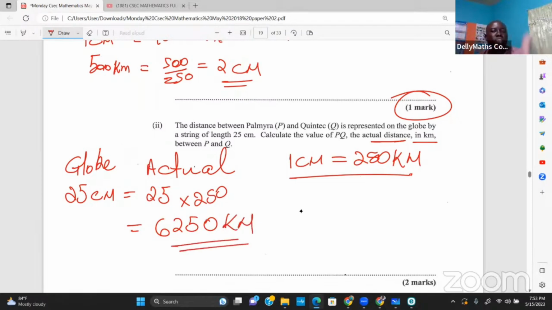Because for every 1, it's 250, so if I have 25, it's going to be 25 times 250. This is the actual distance PQ.